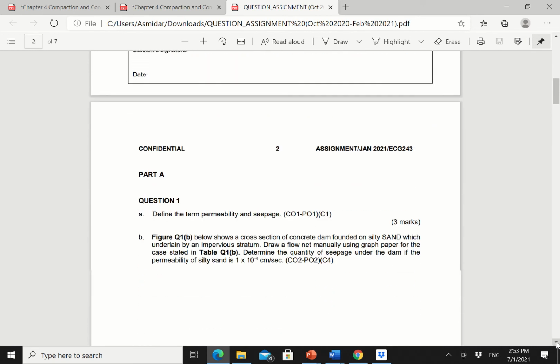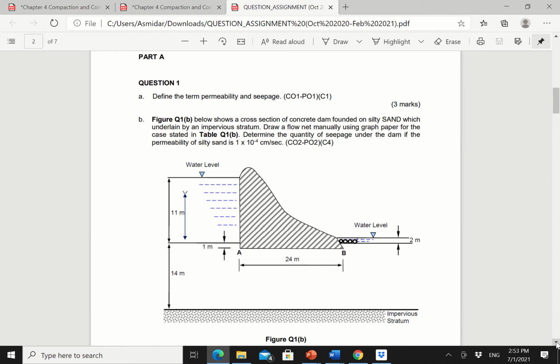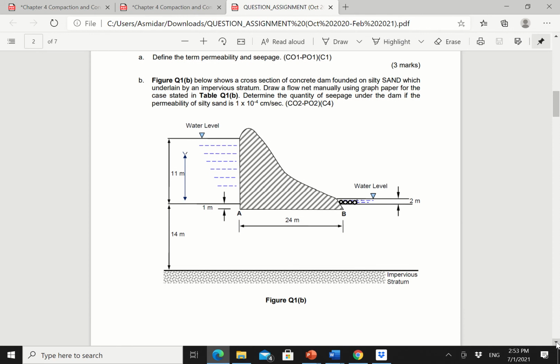So let's see the questions given. For the definition, I think it's quite straightforward. You can find all the related information in your slides, and of course in any textbook you have, but please be alert for question number 1B.